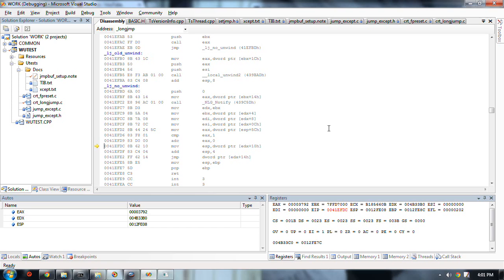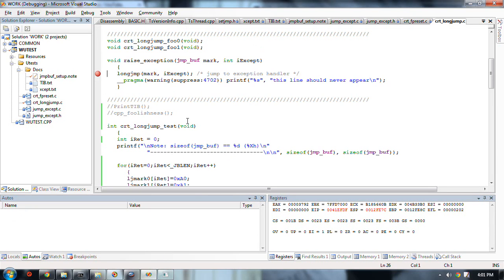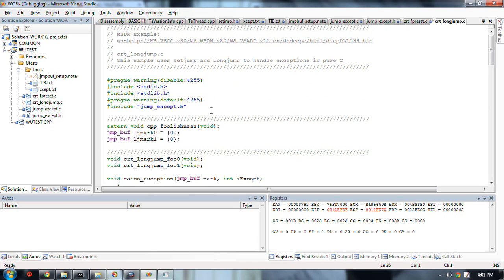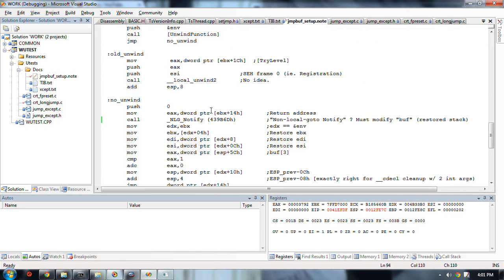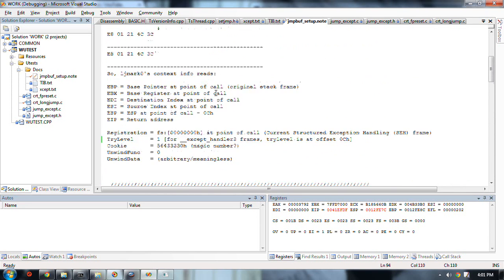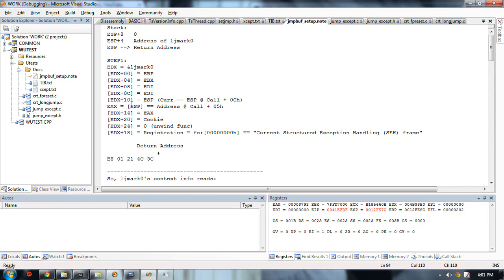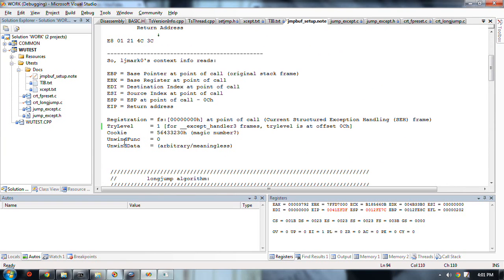Now, ESP we're restoring from the environment thing, and calling. Oops. I've got it written down clearly. It's ESP at point of call. Sorry.